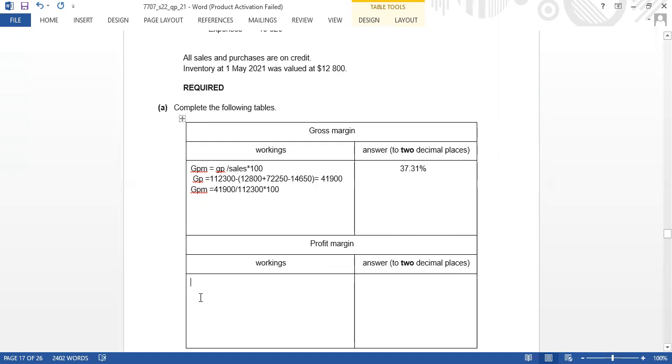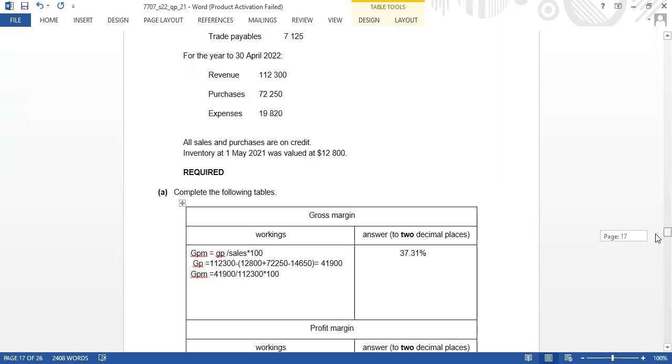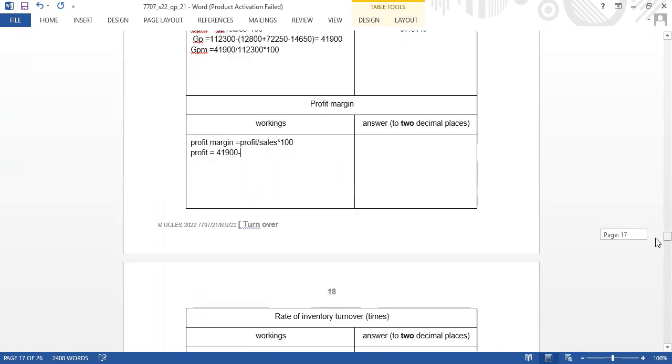Profit is calculated by gross profit minus expenses, and profit margin will be profit divided by sales multiplied by 100. So the profit will be 41900, that is gross profit, minus expenses that are 19820.